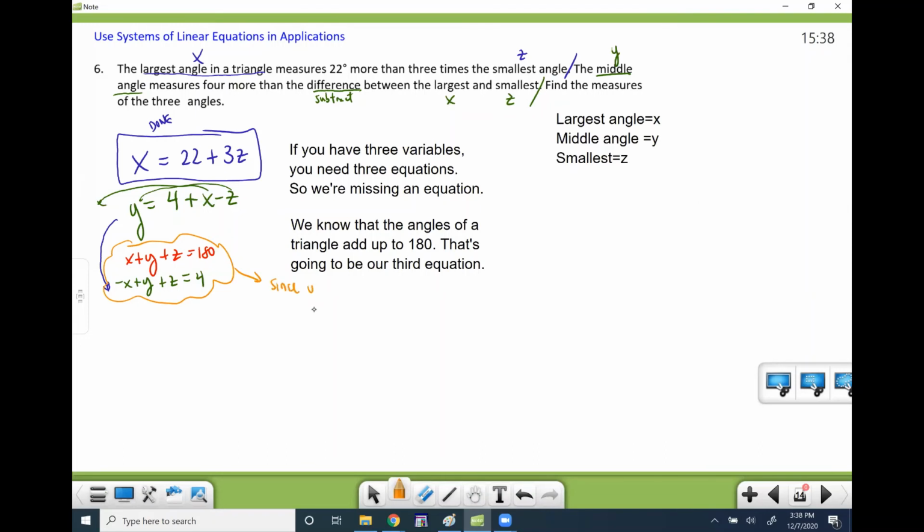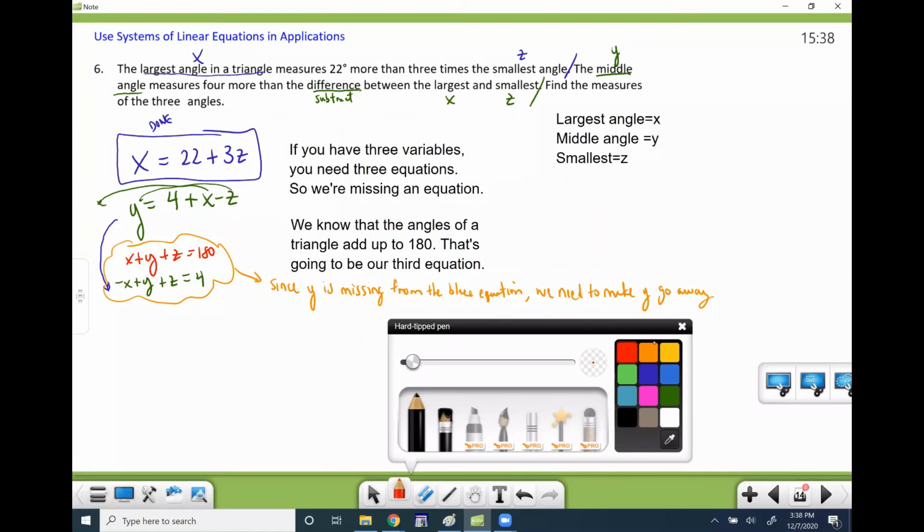Since y is missing from the blue equation, we need to make y go away. We don't have a choice. Okay. So that should be a pretty easy thing to get accomplished, right?